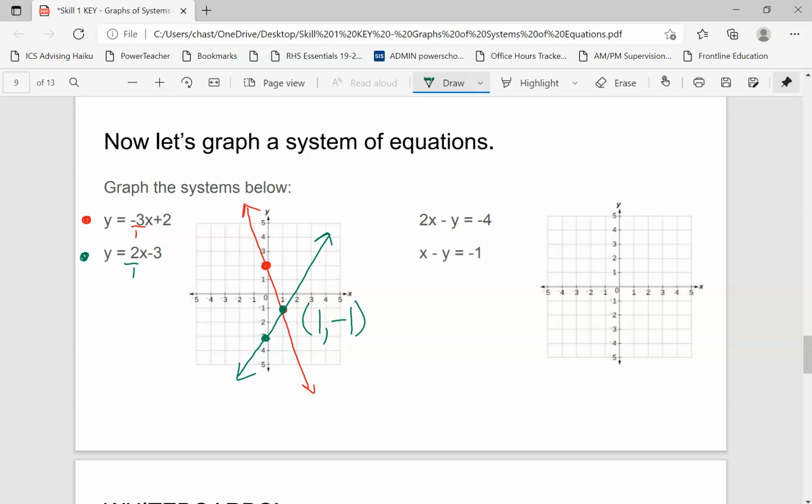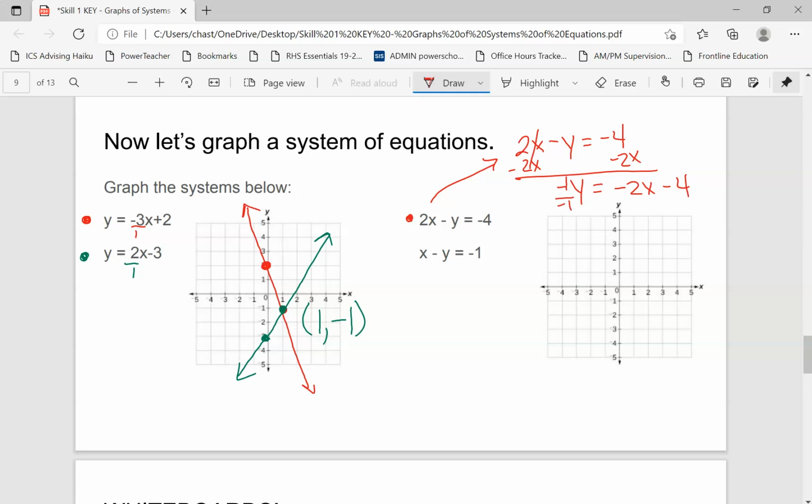For the second one, I have to solve both equations for y first. So I'll do the first one up here. So 2x minus y equals -4. So I'm going to subtract 2x on both sides. Negative y equals -2x minus 4. Think of that as a -1 in front of the y.